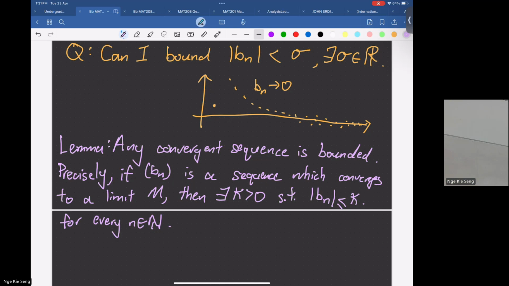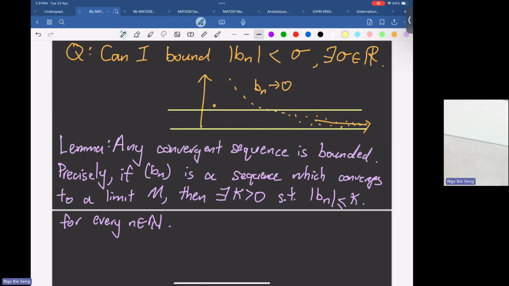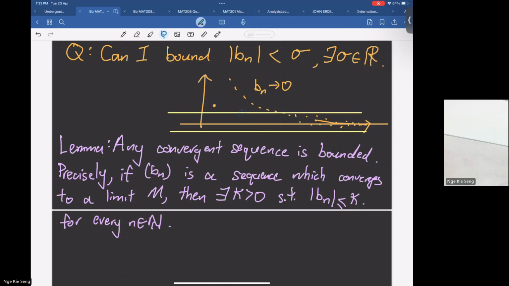Does it make sense? Let me draw a picture. When I say epsilon gap, you should imagine something like this around the limit. Let me draw this straight. So there's some epsilon gap here for all the tails of a convergent sequence.